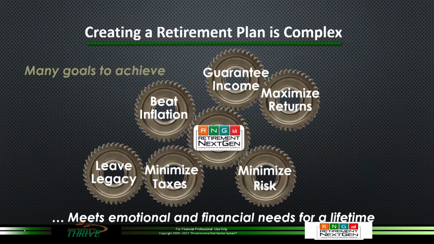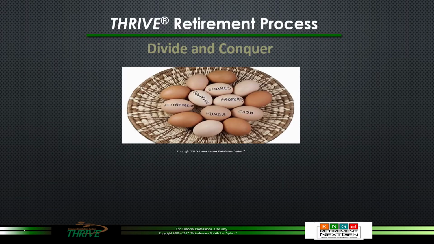Retirement Next Gen not only calculates the numbers for the financial needs, but this process also gets you to think about the emotional needs that you have. Now, a lot of folks learn in different ways, sometimes audibly, sometimes visually, and sometimes analytically. And so what we've done with R&G is put together all of those learning styles in a single approach.